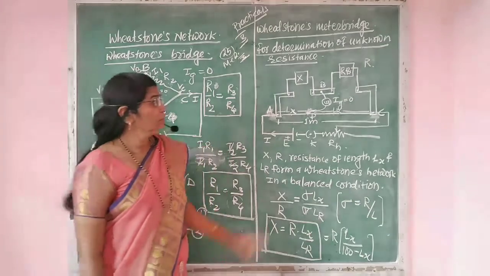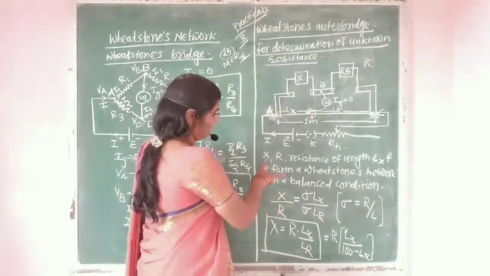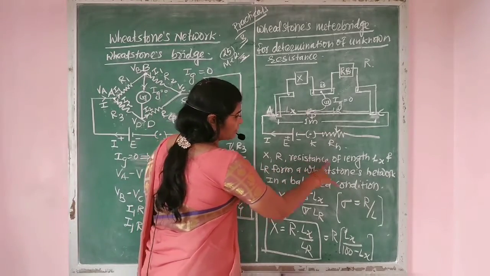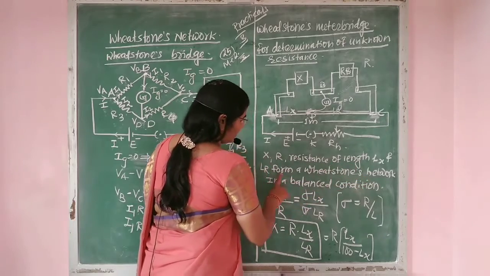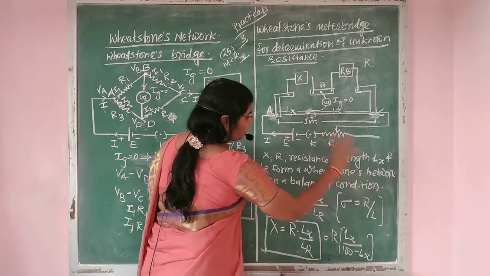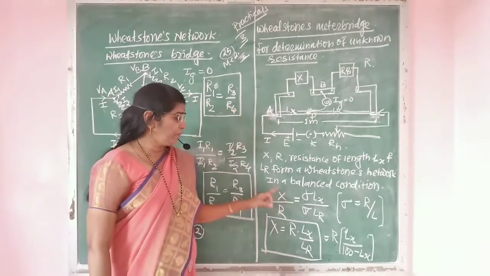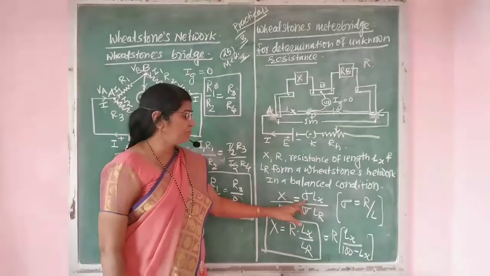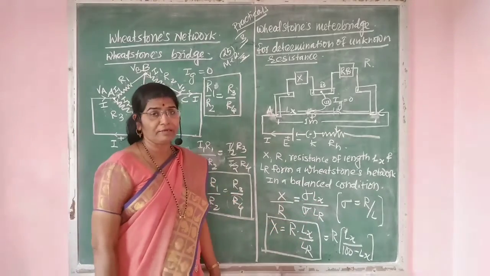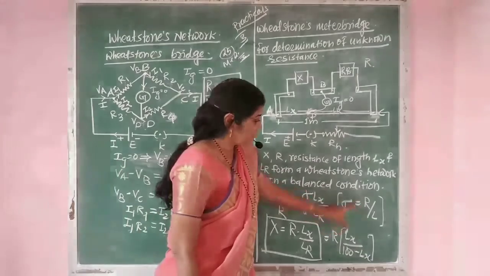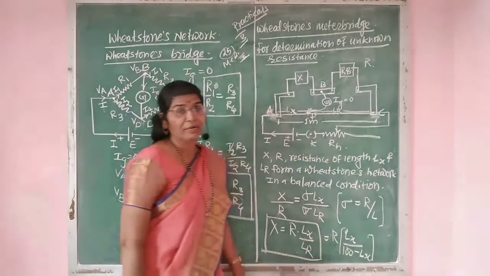Now the four resistances X, R, and the resistances of lengths Lx and LR form a Wheatstone's network. In the balanced condition, X upon R is equal to sigma Lx upon sigma LR, where sigma is the resistance per unit length.